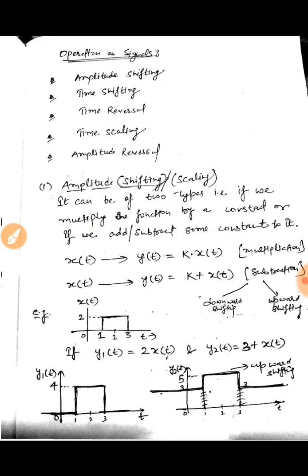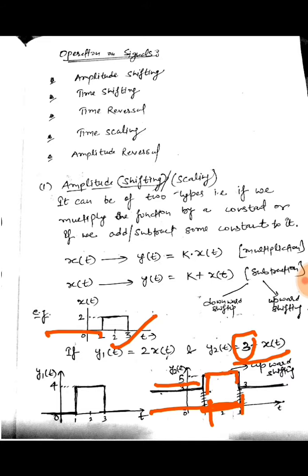In the second case, we have added 3 to xt, so it would become 3 plus xt. Like xt was 0 before 1, it was 0 for time t less than 1. Now as I have added 3, it will be added to all the amplitude values. So for t less than 1, it would now become 3, 0 plus 3, that is 3. And for 1 to 3, this value would be 2 plus 3, that is 5.